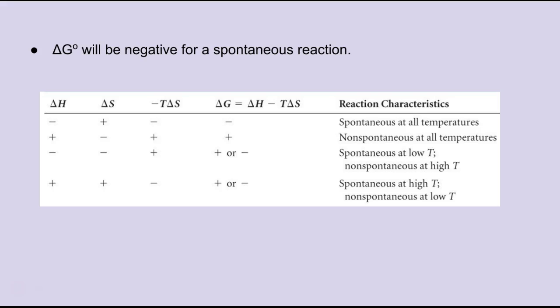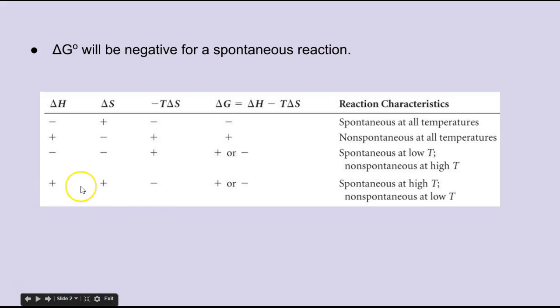So if we have a negative delta H and a negative delta S, this reaction will be spontaneous at low temperatures, and that's because this negative T delta S term will be positive. If we're at low temperatures, then this positive T delta S will not outweigh the negative delta H value, and therefore the reaction will be spontaneous, and we'll see that negative delta G.